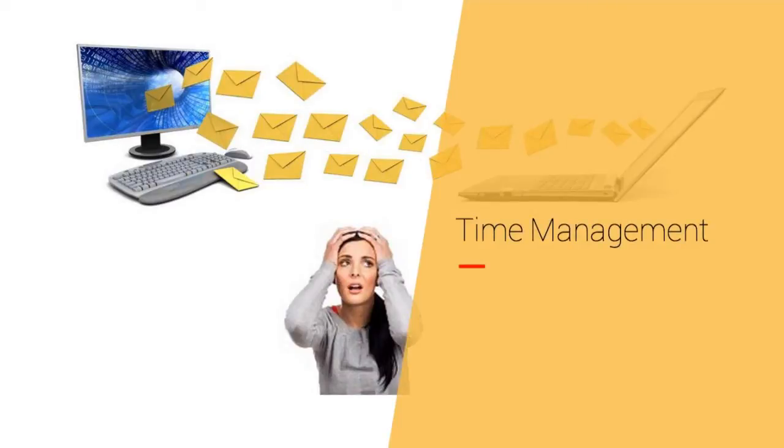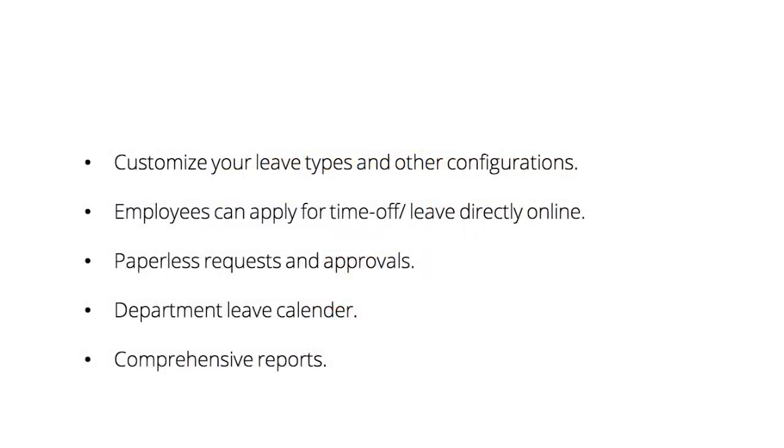Now, how would you generally apply for a casual leave or a time off? Mails will be sent back and forth, and the HR may or may not be kept in the loop. This means complication in approvals and confusion in backtracking the leave of absence. In Zoho People, everything from application, approvals, and HR records are all taken care of online. You can customize various leave types based on role, location, employee experience, new hire entitlement, rollover, carry forward, and other restrictions.